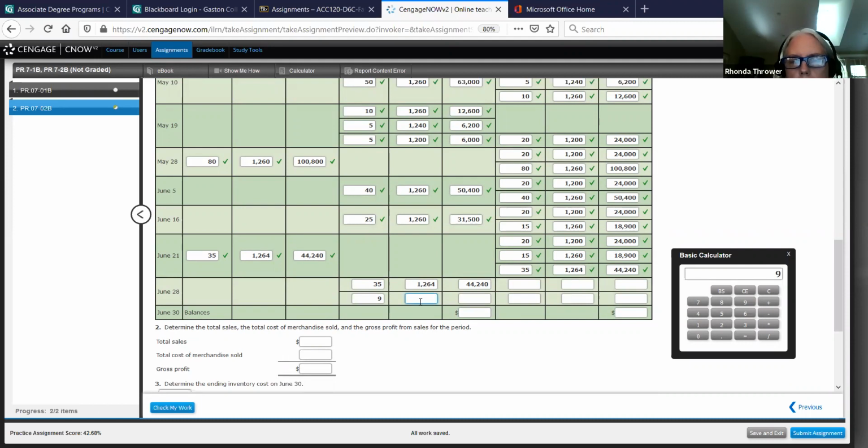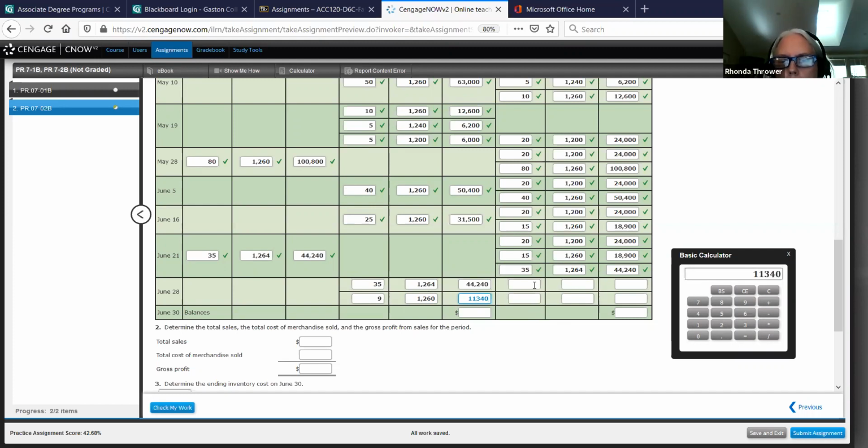So we have 9 units at 1260, and that's going to come from these 15 units here. So we took 9 units out of these 15 at 1260. So 9 times 1260 is 11,340.